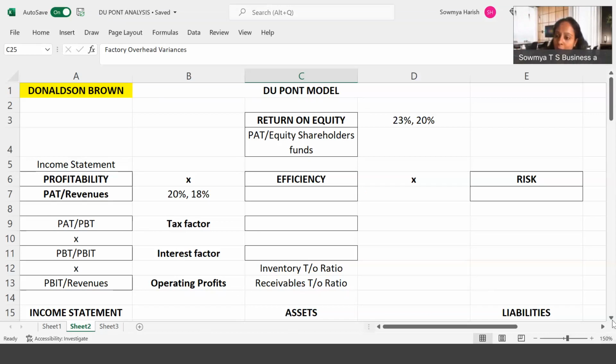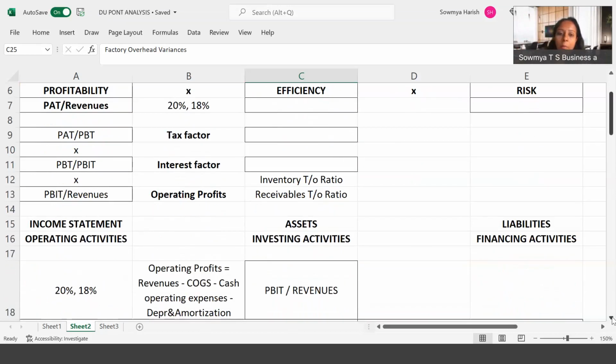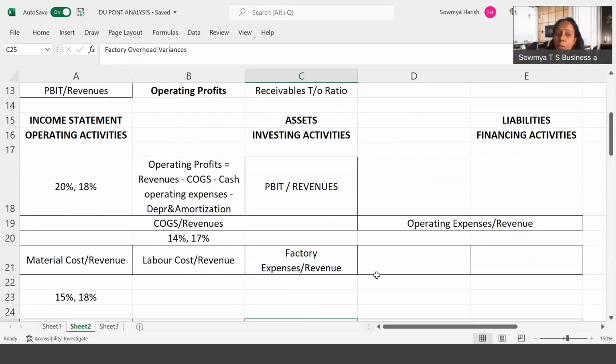Now let's look into another factor which may influence the operating profit, that is your operating expenses. So what are your operating expenses? It can be office and administration overheads.